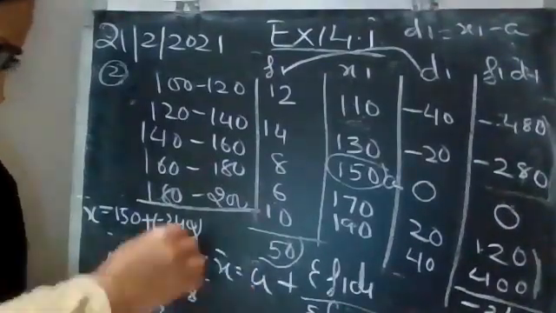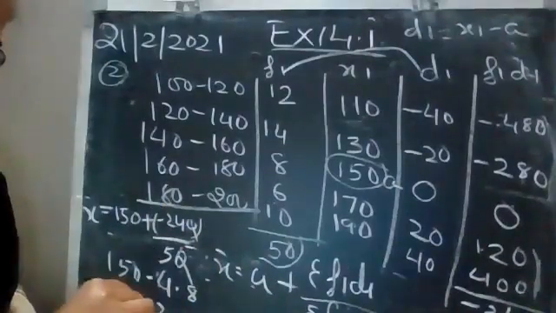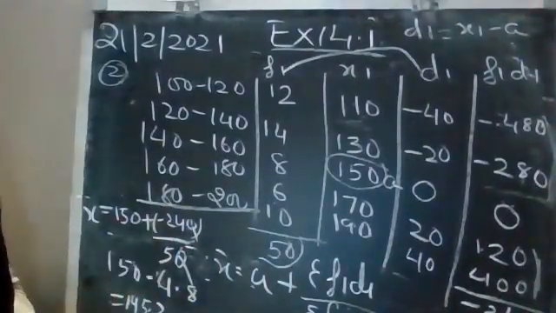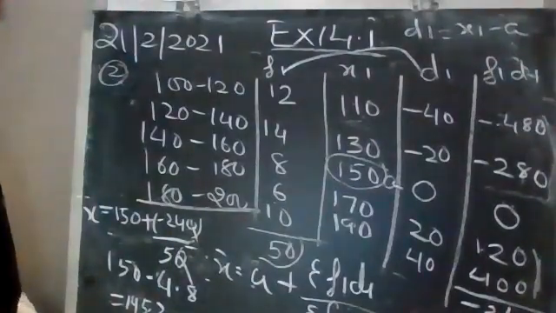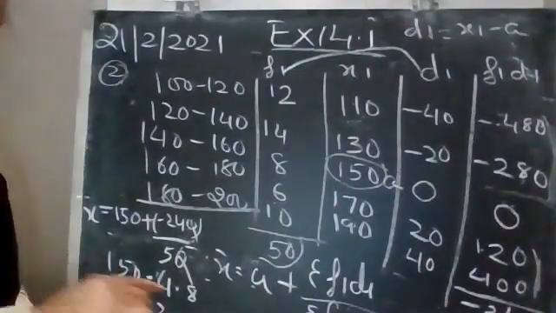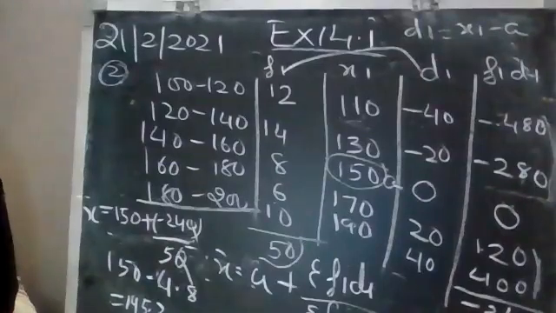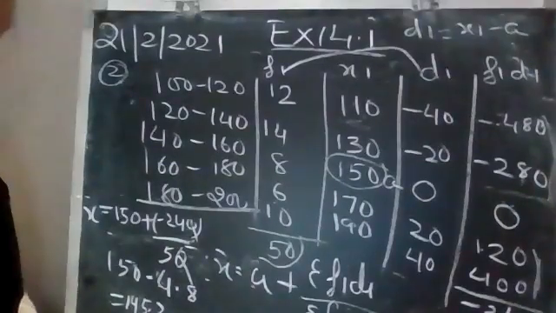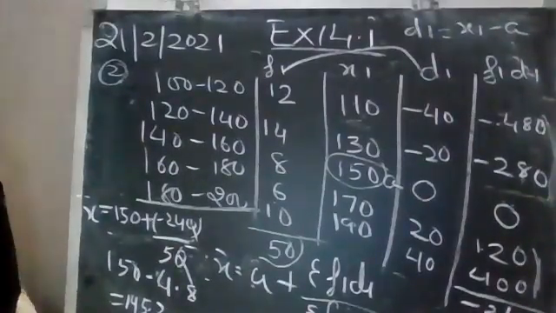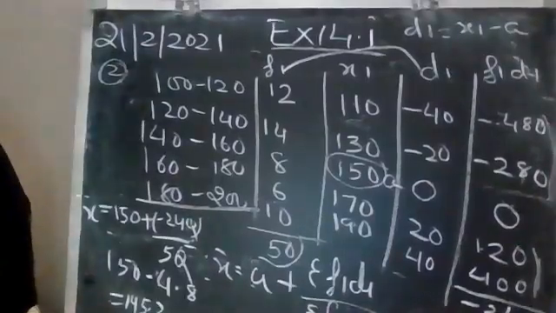So this 0 and this 0 will be cancelled, and minus 24 divided by 5 will come minus 4.8. So 150 minus 4.8 will be equal to 145.2.